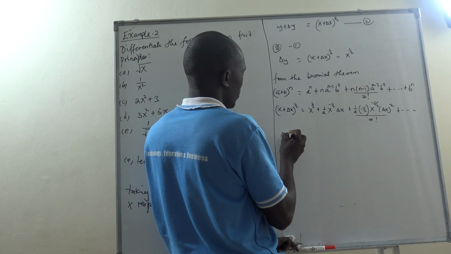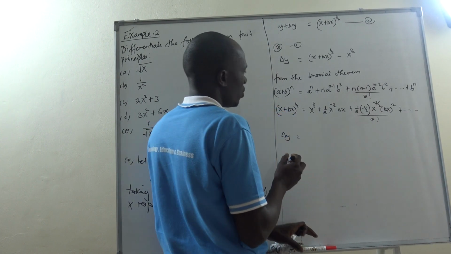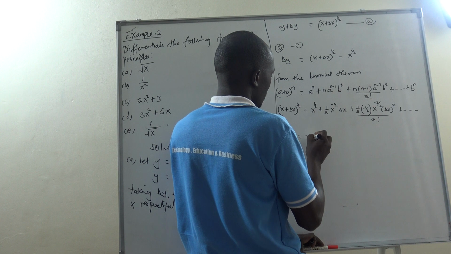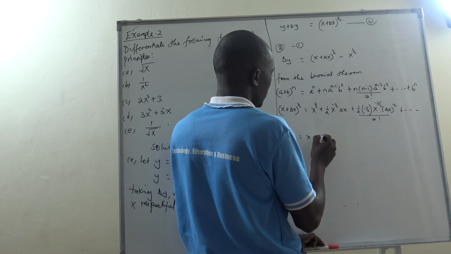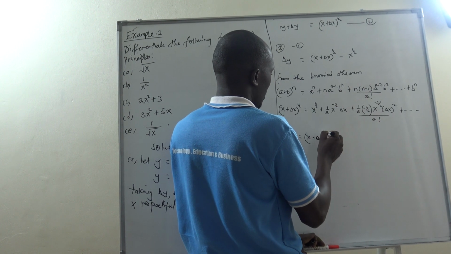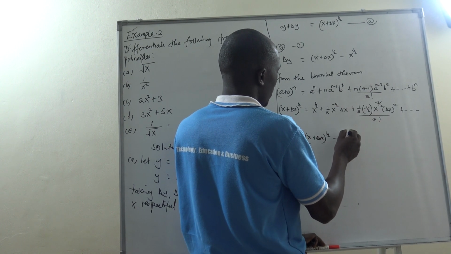So we are having delta y, which is equal to x plus delta x power half minus x power half.